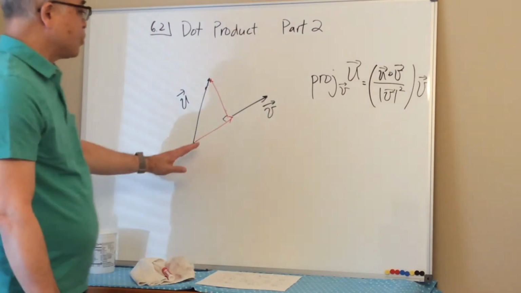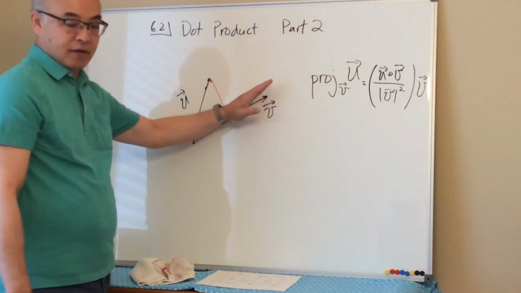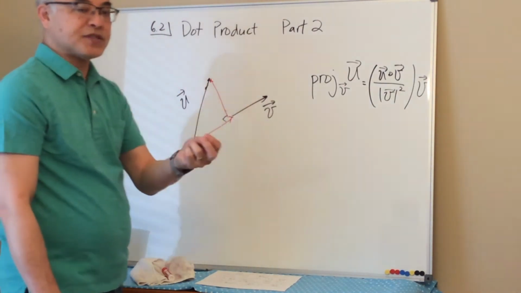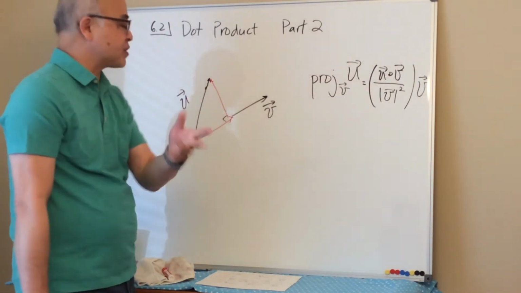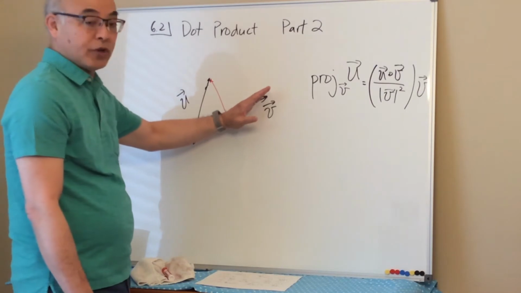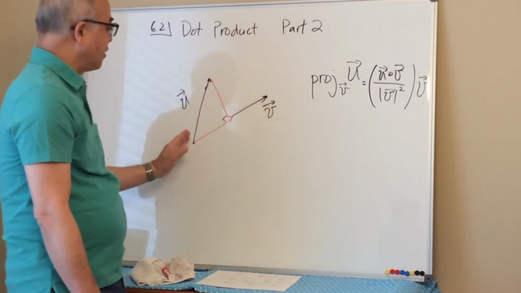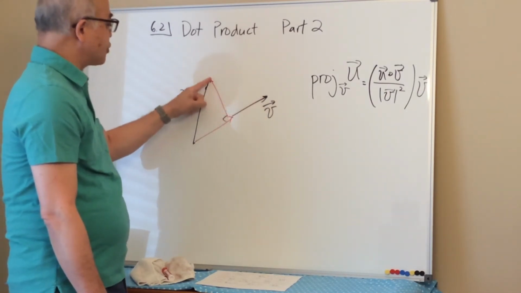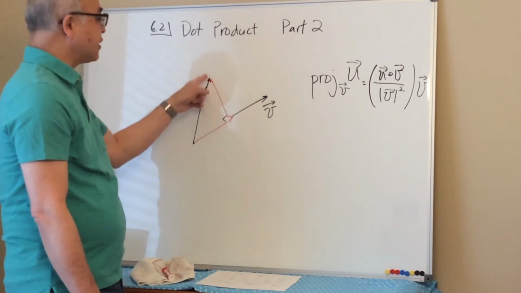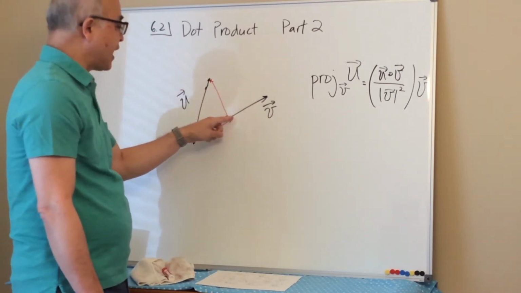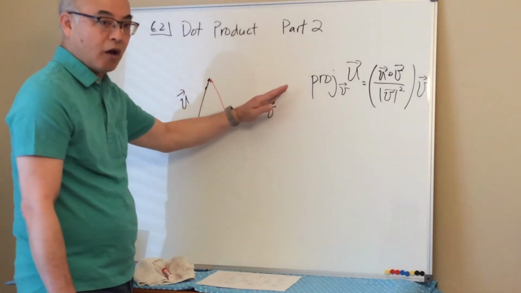Okay? So where does this come into play? If you guys have taken physics or engineering from me, or if you're taking physics right now, you know that when you're doing work, this portion of this vector does nothing for you because it's 90 degrees to where you want to go.